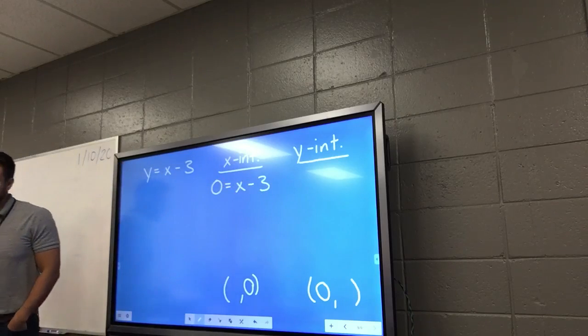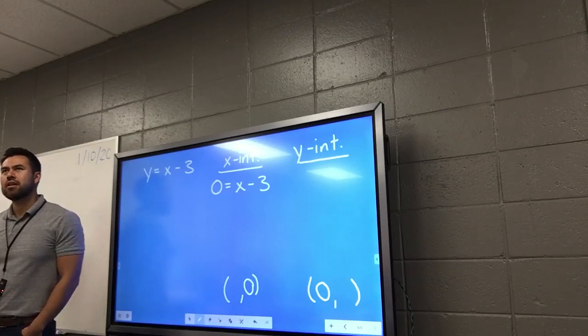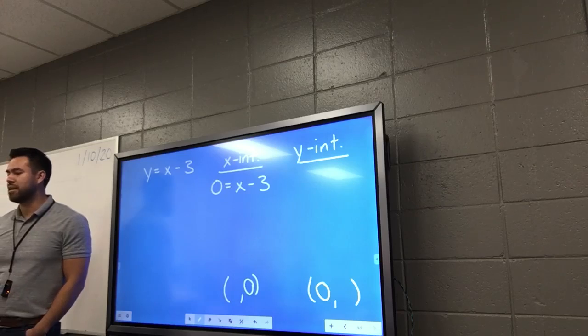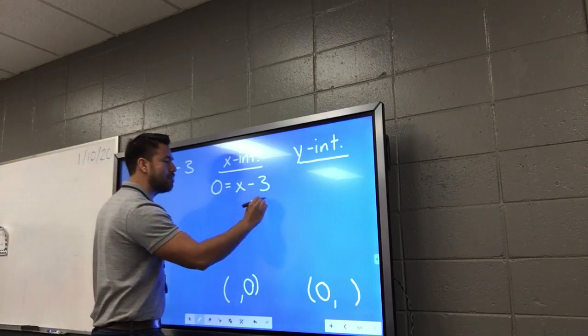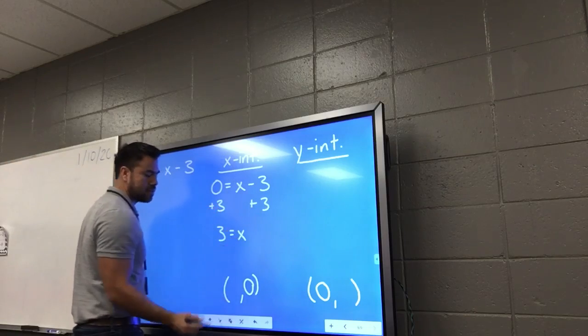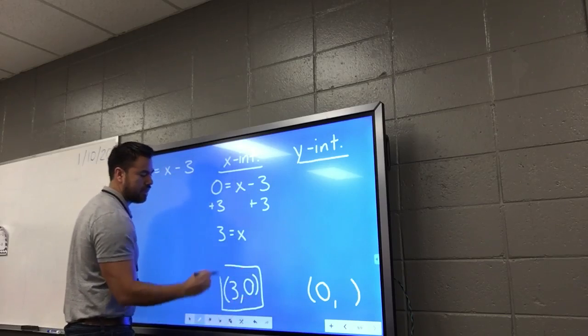Solve for x. You add 3 to both sides. So 3 equals x. My ordered pair is 3, 0. I gave you the x-intercept.